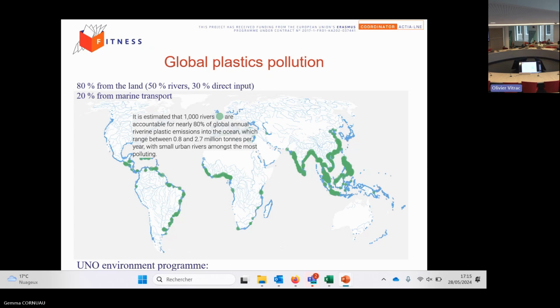The UN estimated that approximately 1,000 rivers are accountable for 80% of the global annual pollution. Then we also have marine transport, which accounts for 20%, which is still quite a high number of plastics input into the oceans.